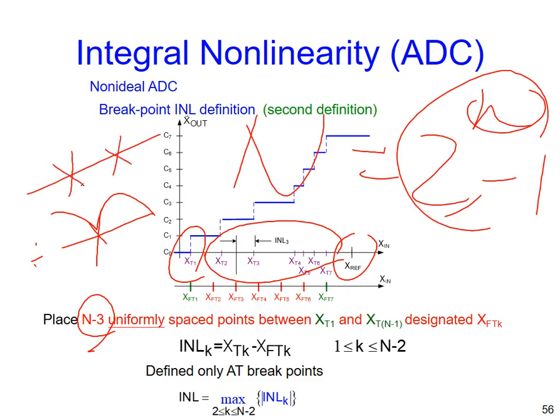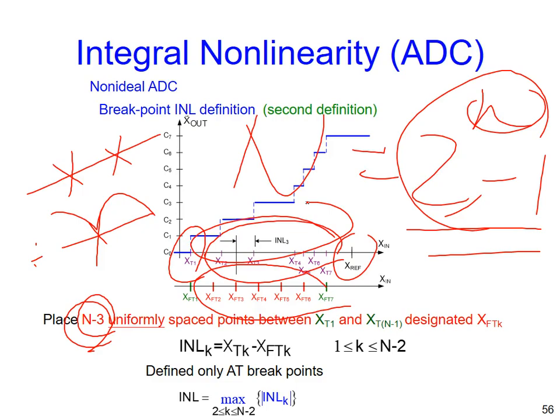So this is the overall number of breakpoints, but we forget the first and the last, so you can see 2 to the N minus 3. Anyway, if the ADC or DAC is perfect, then you can see no difference between the measurement and the ideal value, because it is perfect. So with this definition, congratulations: if the data converter is perfect, I promise you, no error. That is an even better definition of INL.